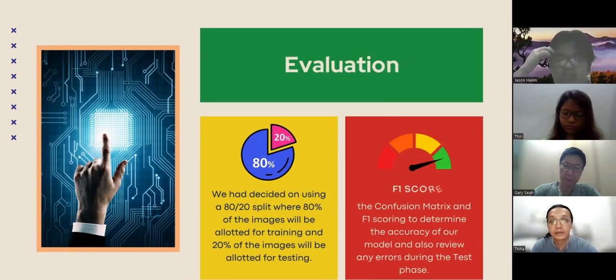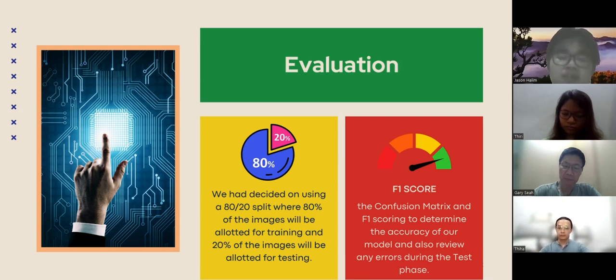Okay, thanks, Tiha. For each model, we split the data set into an 80 and 20 ratio. The 80% of the data set will be used for training by feeding the images into the Teachable Machine environment, while the 20% will be used for testing.